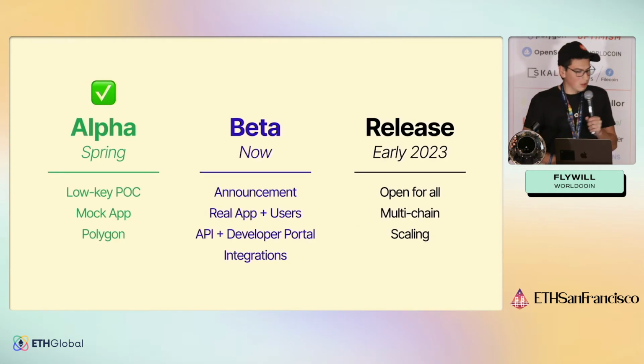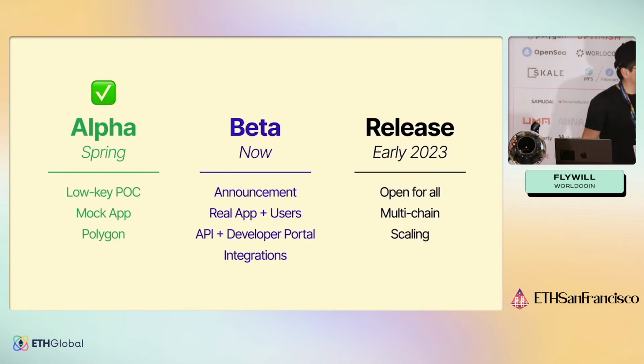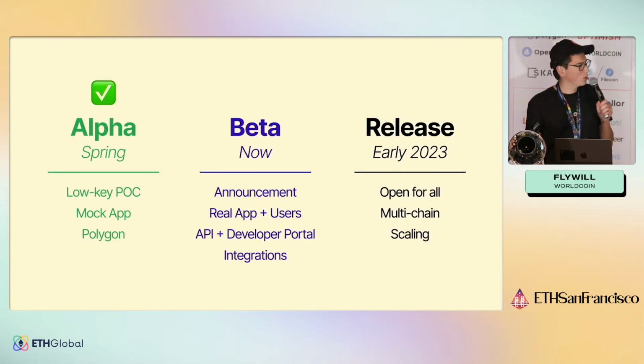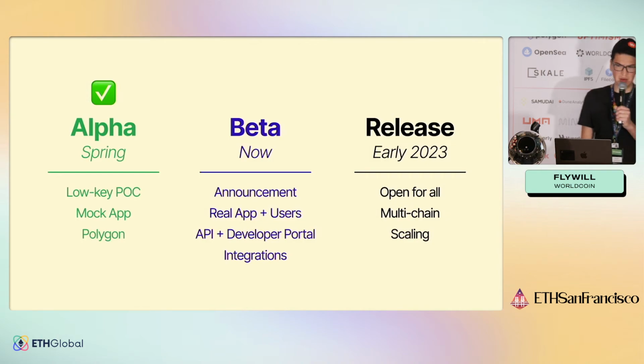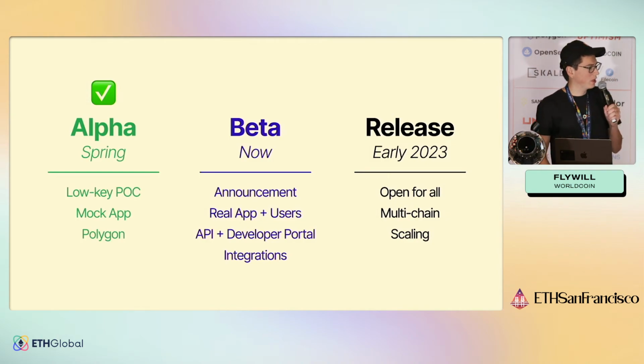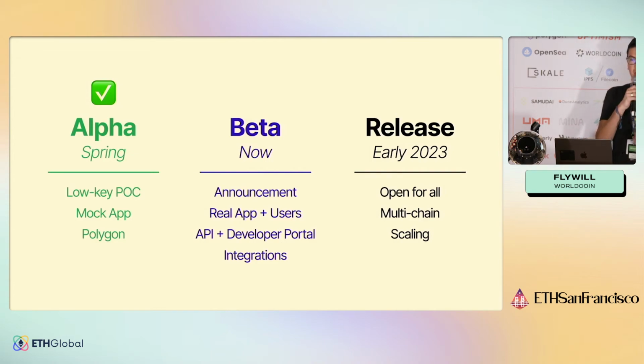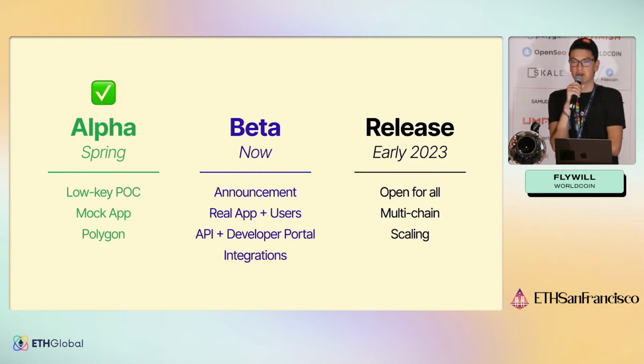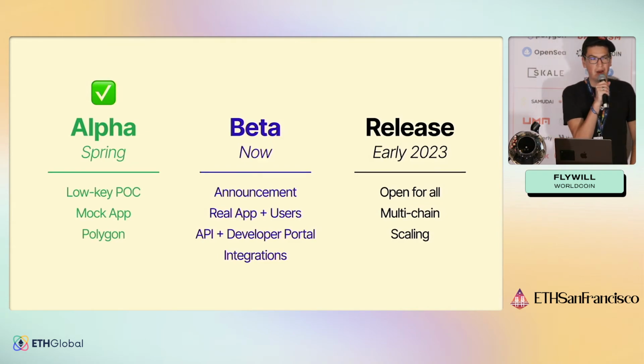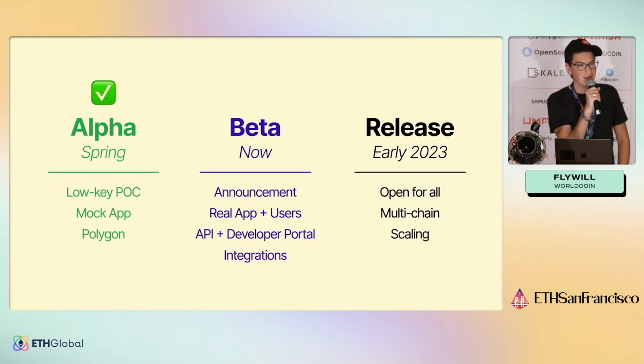And then where we are right now is we launched this alpha protocol about 6-7 months ago. We've been iterating. It's very low key. We've now built different applications, integrations. You can see WorldCoin and Lens integration.